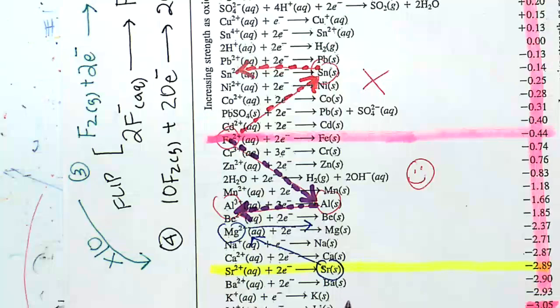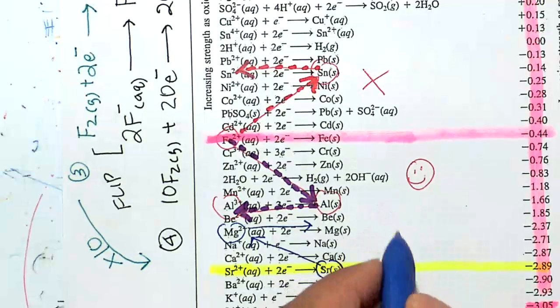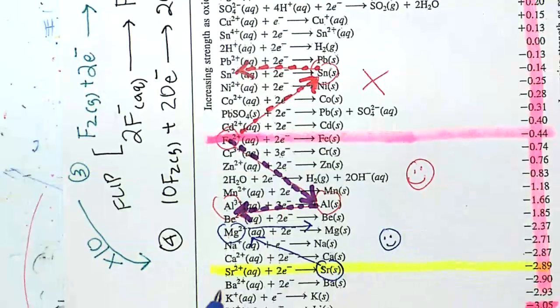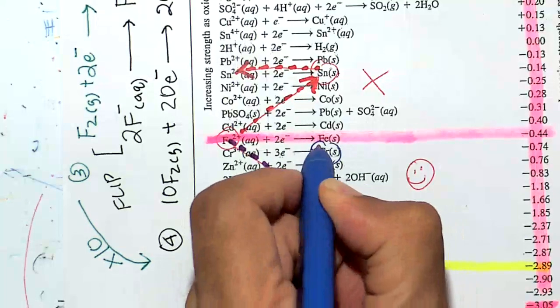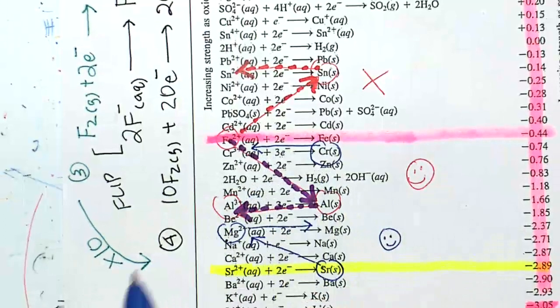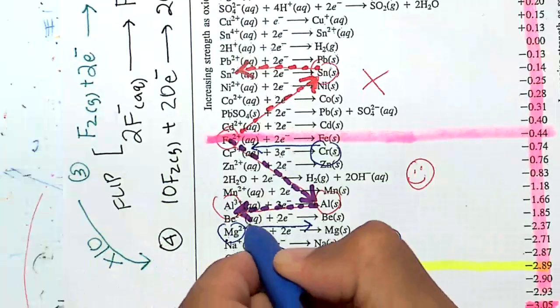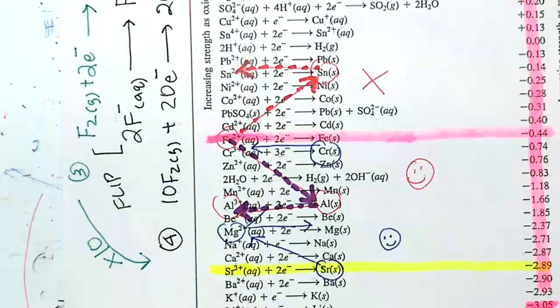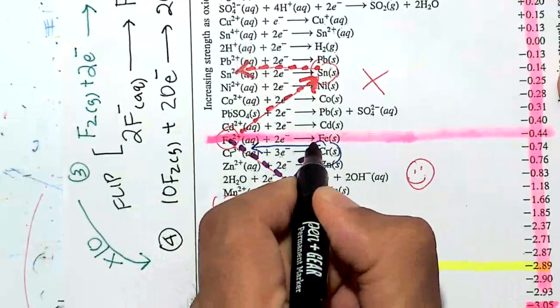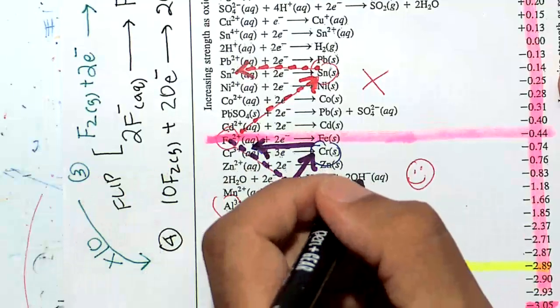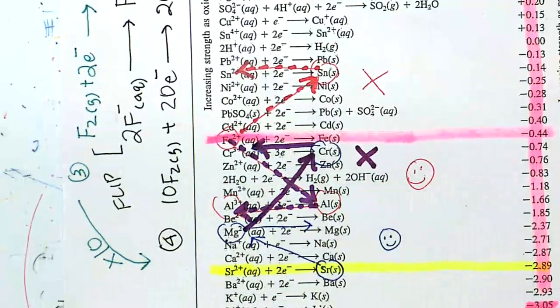Can it reduce it? Yes. Okay. Can magnesium plus 2 oxidize chromium to chromium plus 3? Cr to Cr plus 3. Can it? No. Okay. This is how you read this thing.